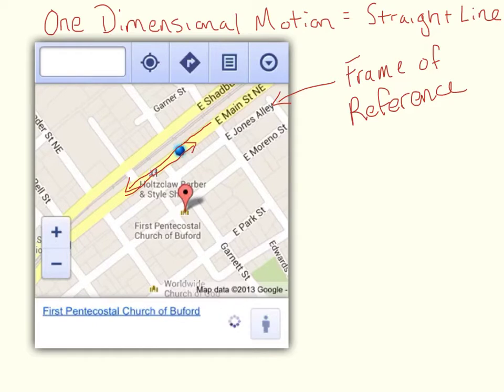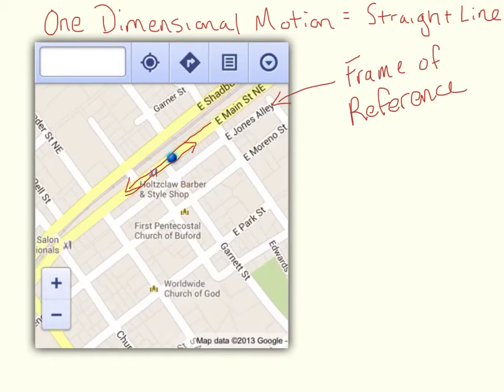And typically that frame of reference is going to be the surface of the earth like it is here. We consider the surface of the earth to be stationary and we compare our motion to the surface of the earth. But of course the surface of the earth is on a planet that is rotating, that is orbiting the sun, that is part of a solar system, that the universe is expanding, so it's not really stationary. We have to choose our frame of reference.